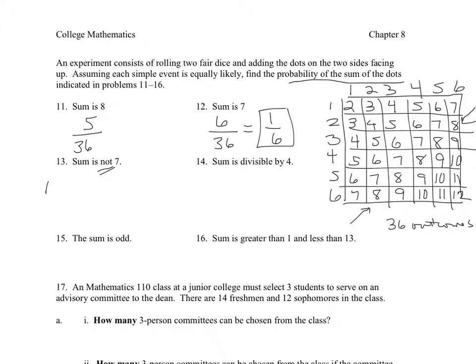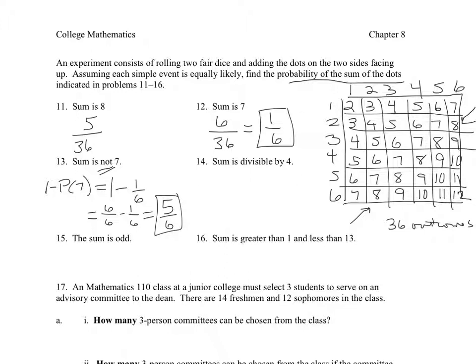This is the same as 1 minus the probability that you do get a sum of 7. Well, we just found that. The probability of getting a 7 was 1/6. And since we need a common denominator, we'll write 1 as 6 over 6 minus 1 over 6. We have a 5/6 probability that we won't get a 7.